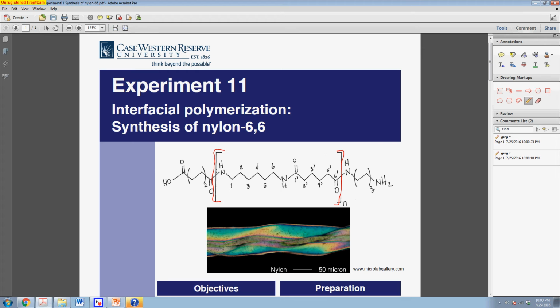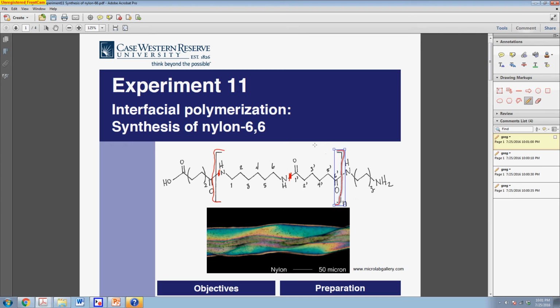So if you look at the repeating unit, you're going to see one part of the repeating unit is this hexamethylene diamine. And then the second portion of this repeating unit is going to be this adipic acid, or this 6-carbon alpha omega diacid.